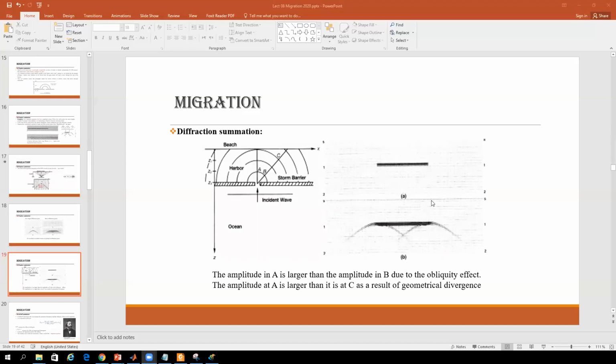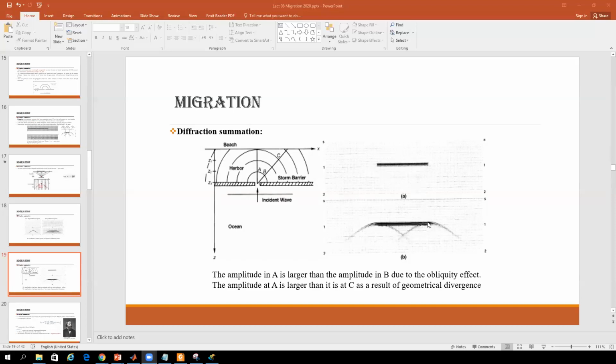This is another example where we have many diffraction curves which are superposed and constructively interfered, and we have a good seismic event. So this is the true one, and this one is the theoretical one. This one is produced simply by the interference and superposition of the diffraction curves coming from all the points in this event.